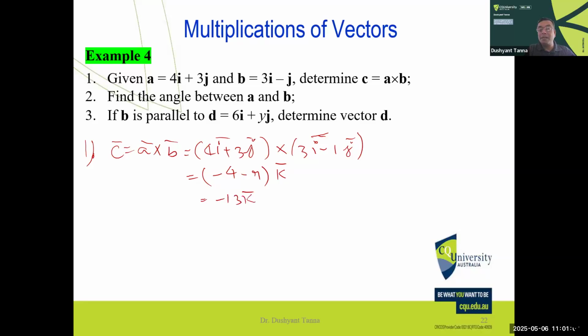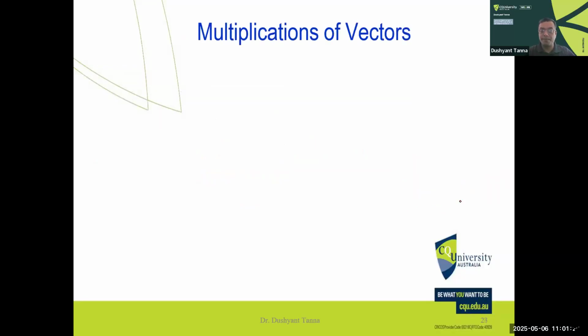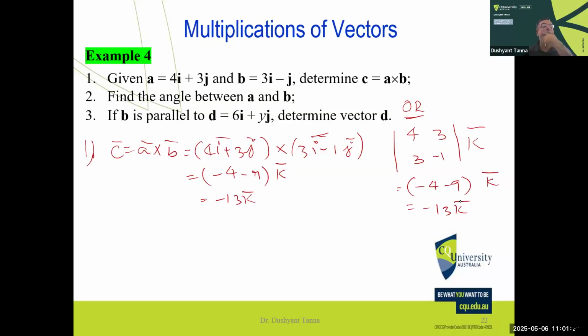It's similar in terms of the determinant. We haven't gotten rid of the determinant yet. It will come back. Yeah. 4, 3, 3, minus 1, along with vector k. How do you expand it? Minus 4 minus 9 along with vector k. And that's the same as minus 13k. Okay.